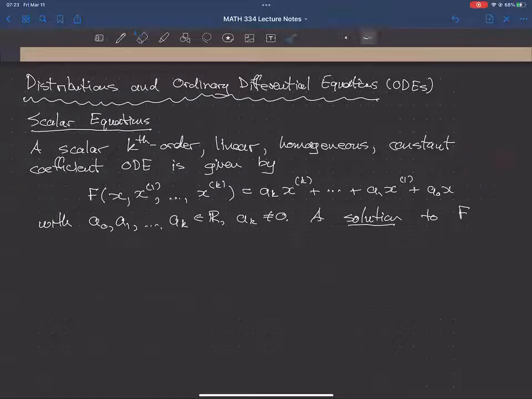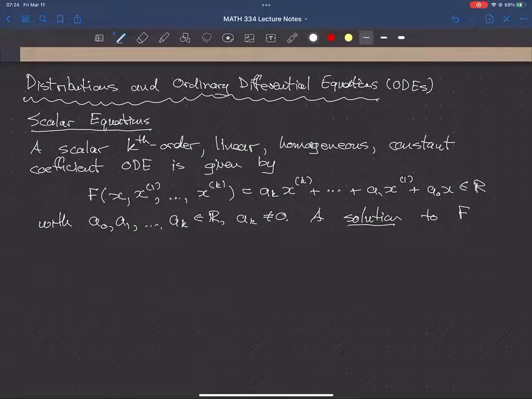I could just as well write x1 for x and forgo the derivative notation. So this is an independent variable in the argument of capital F, as is this. This is a function of these k+1 variables, and it takes values in R.